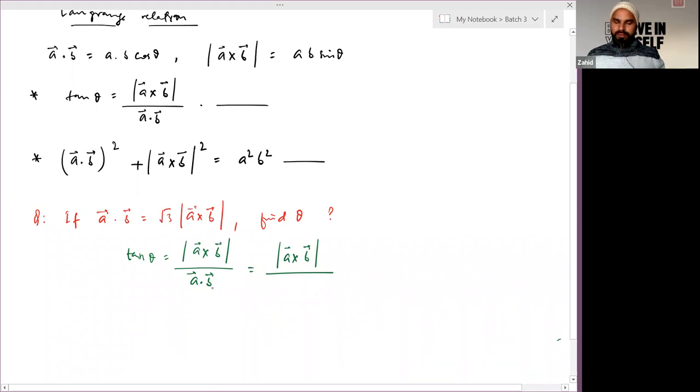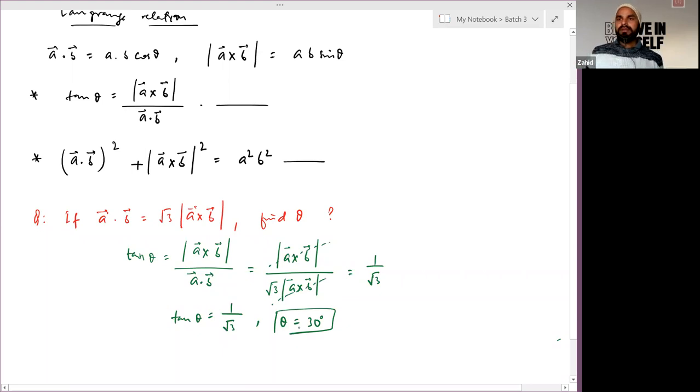We have A dot B equals root 3 times mod of A cross B, so we can replace it by this term. Now this term and this term will get cancelled out, so you will get 1 over root 3. Now we have tan theta equals 1 over root 3, so theta will be equal to 30 degrees.